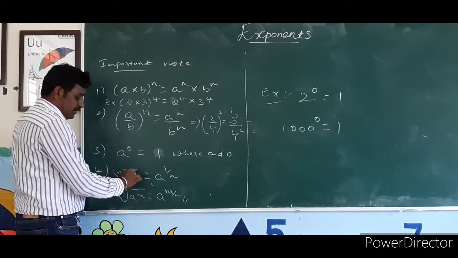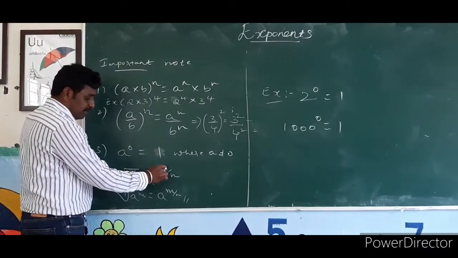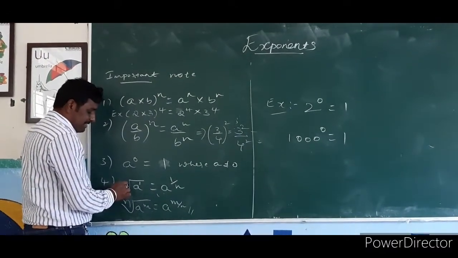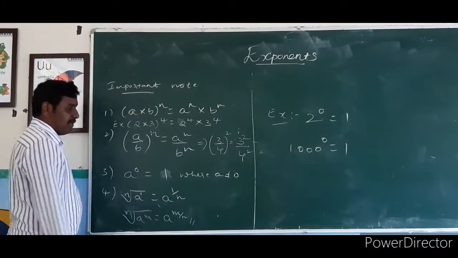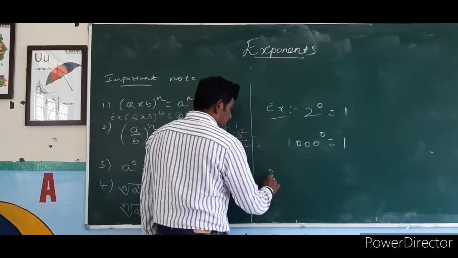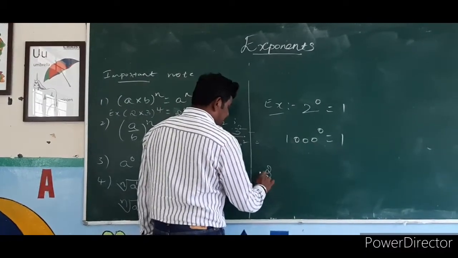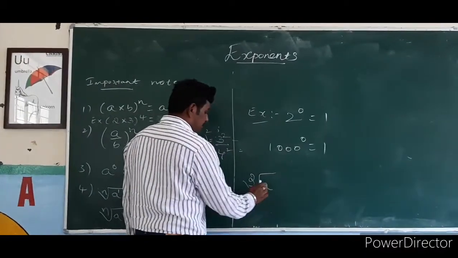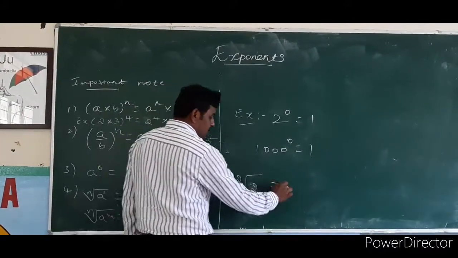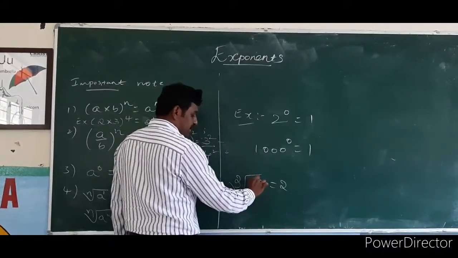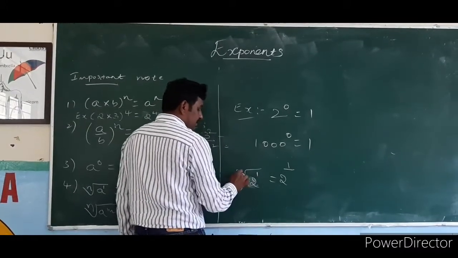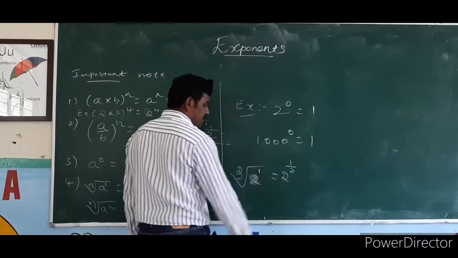The power is 1; this 1 should be written in the numerator, divided by the order n written in the denominator. Suppose the cube root of 2 is given. First write 2 as the base. The power is 1, write it in the numerator, and 3 will come in the denominator.